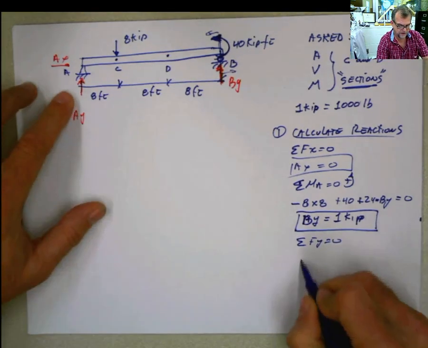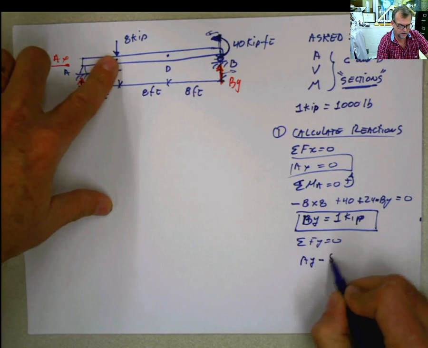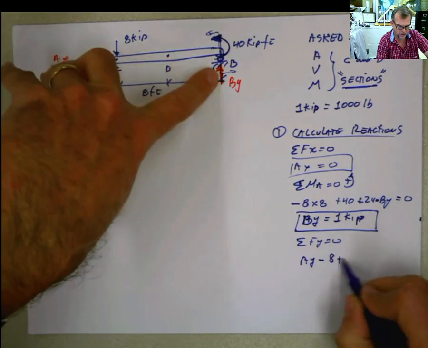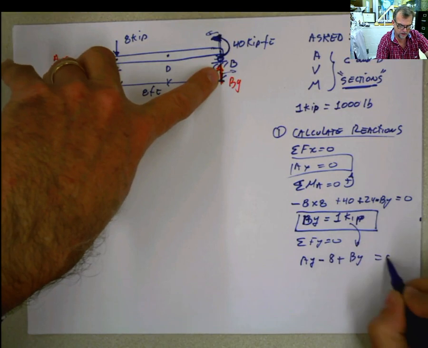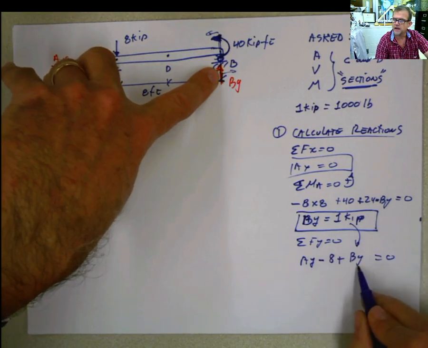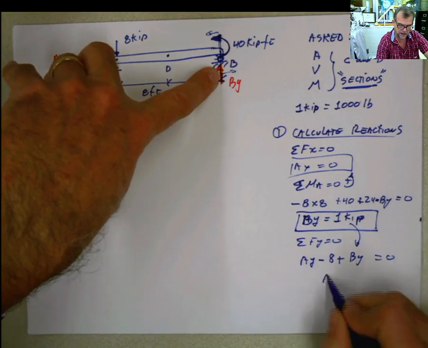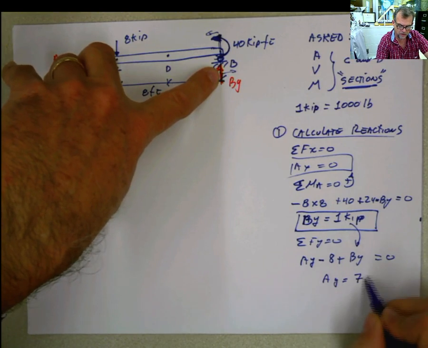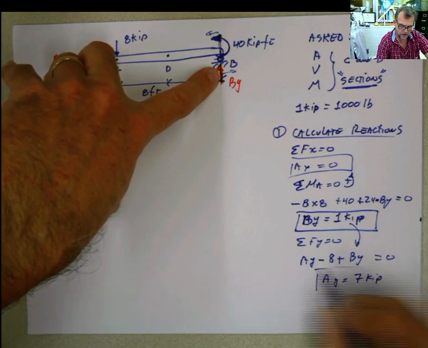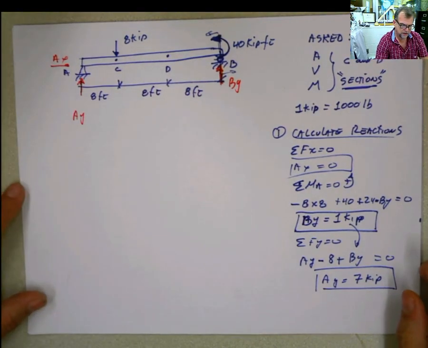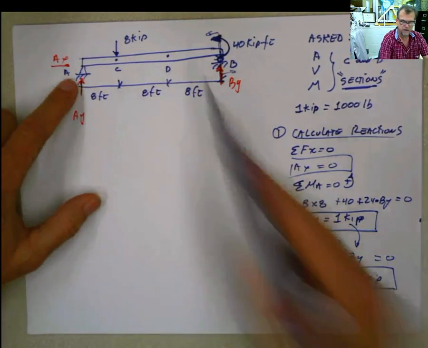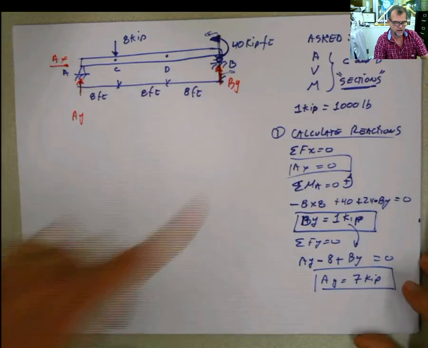Then I have AY minus 8 plus BY, but BY is 1, equals 0. Negative 7 plus 1, negative 7 passes to the other side. Positive AY equals 7 kip. Good. I have my reactions in X, Y, and I don't have any moment reaction because this is a pin support and this is a roller.